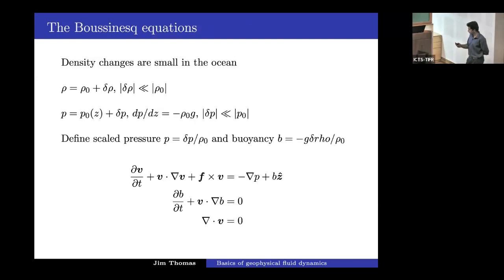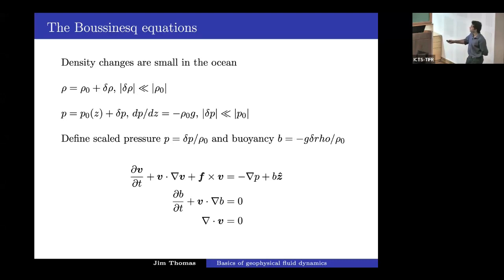The second model that's again popular is called the Boussinesq system of equations. The Boussinesq approximation appears especially in the ocean context, when density changes in the ocean are really small. It allows us to write the density as a constant part plus a small perturbation, where the small perturbation delta rho is small compared to the leading order part rho naught.